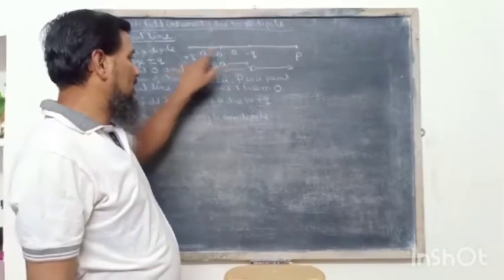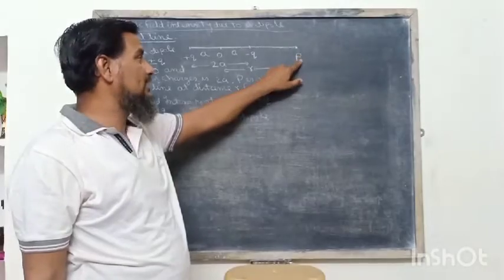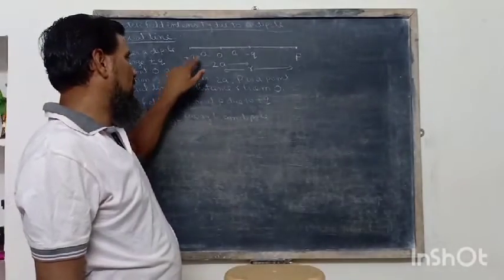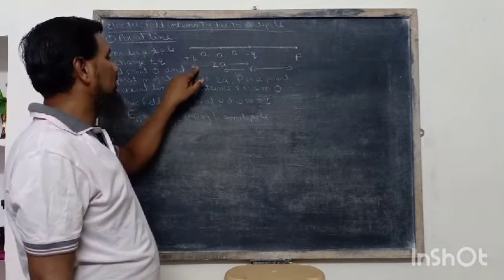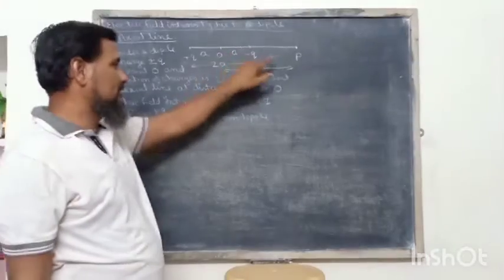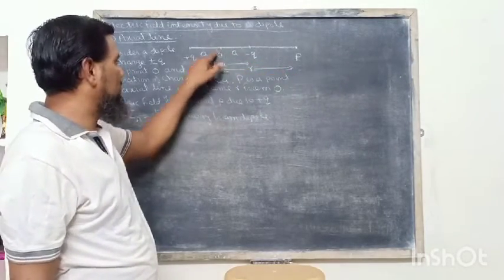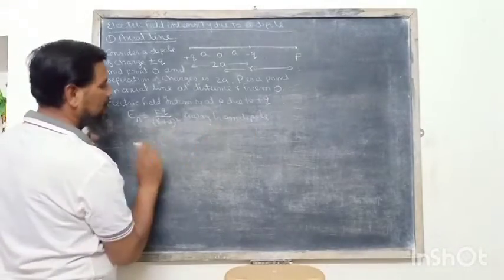This is the plus Q charge, this is point P. Considering a positive charge, it is repelled by this charge, so according to the formula KQ upon r square, the distance from this charge to this point is r plus A, and the direction will be opposite to the dipole.